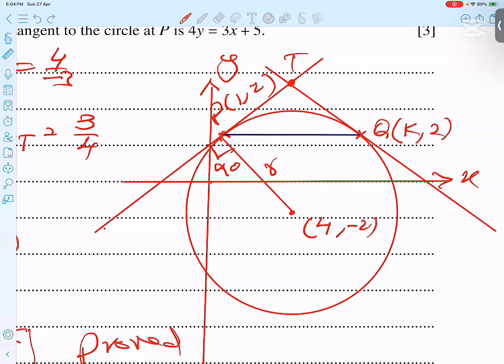Wait a minute, I repeat my words. The x coordinate of this is the same as the x coordinate of T. So it means I got 4. And how to get y?